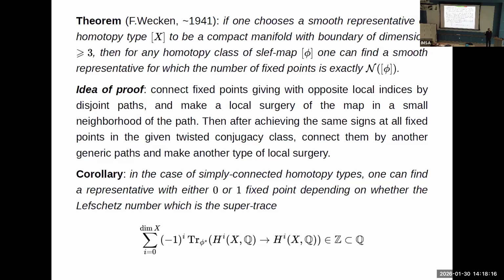I cannot use integers because we're not free group. I cannot use fields of positive characteristic. I take the alternating sum of traces. It will be an integer number, and this number could be zero or non-zero. If it's zero, you can have a representative without fixed points. And if it's non-zero, you should have at least one fixed point. You can make exactly one fixed point.